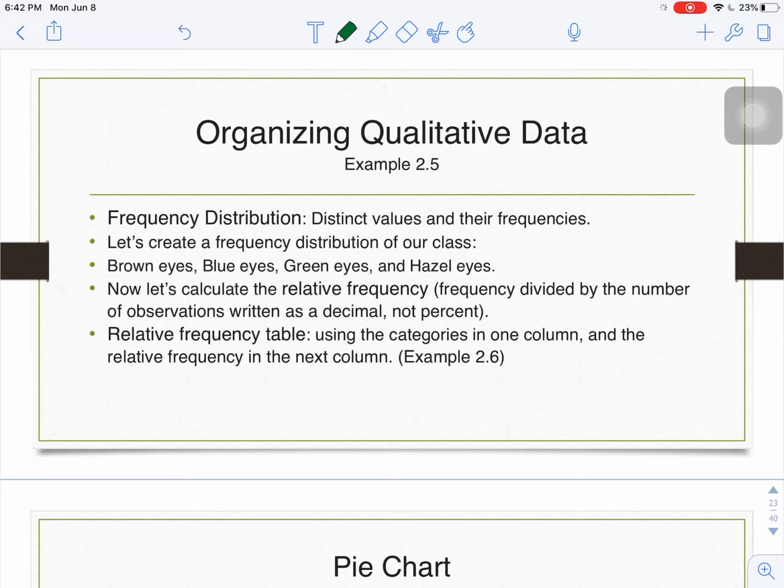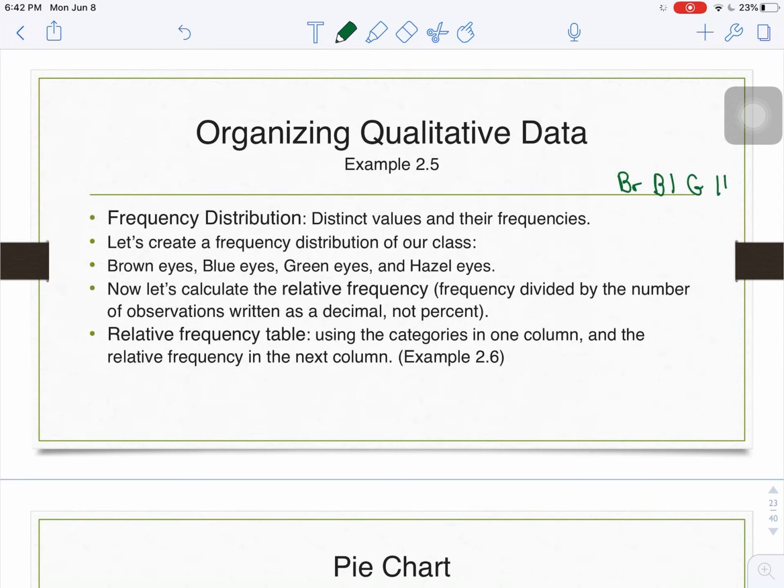So in organizing your qualitative data, you can do a frequency distribution. I give the example of let's create a frequency distribution of our class on brown, blue, green, and hazel eyes, and then calculate the relative frequency. So I'm going to just make up some numbers here.